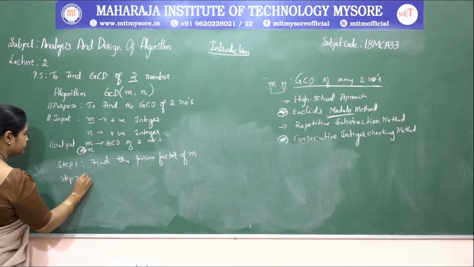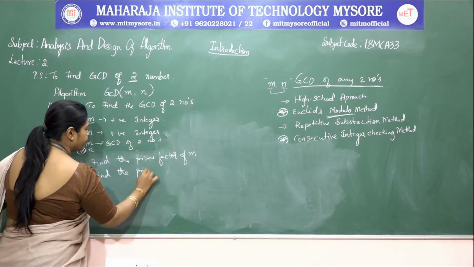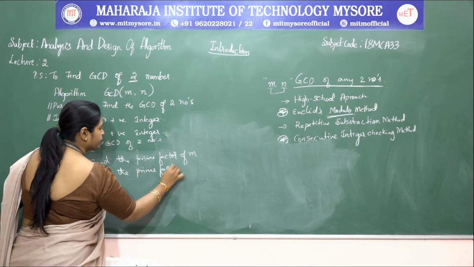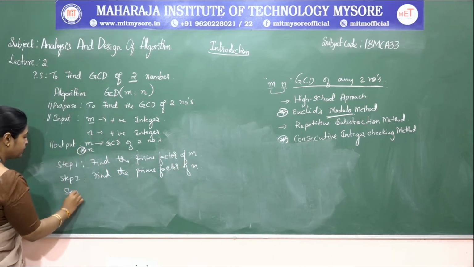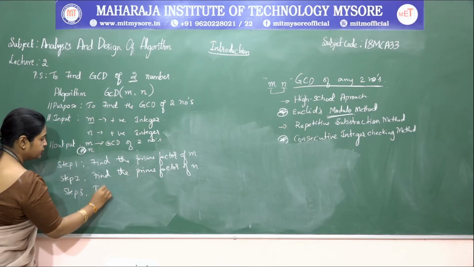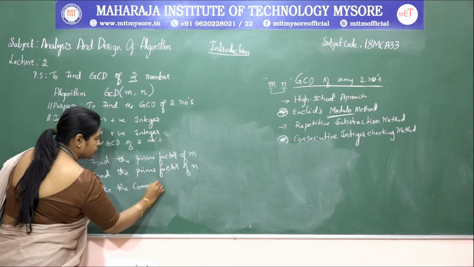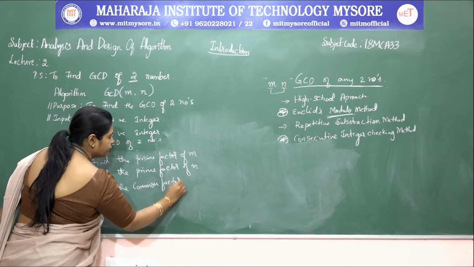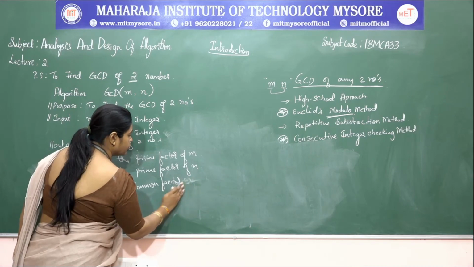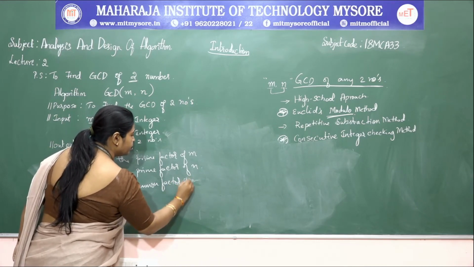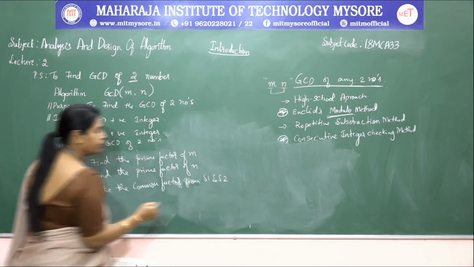Step 2, find the prime factors of the second number, and then step 3, take the common factors from step 1 and step 2.